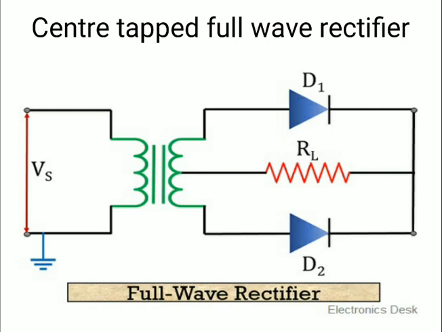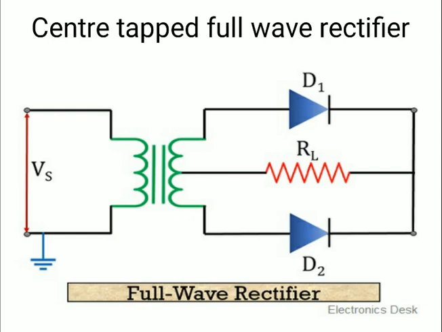In the positive half cycle, the above terminal is positive and the below terminal is negative. The positive is connected to the anode of D1, so D1 is in forward bias, and the negative is connected to D2, hence D2 is in reverse bias.